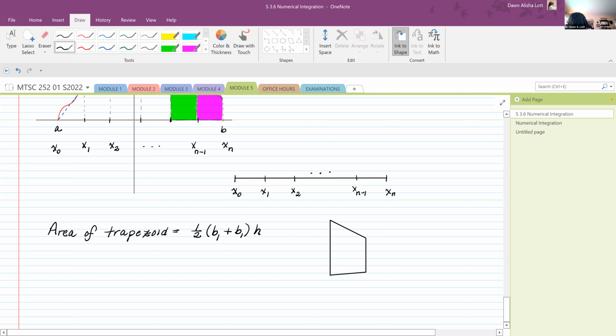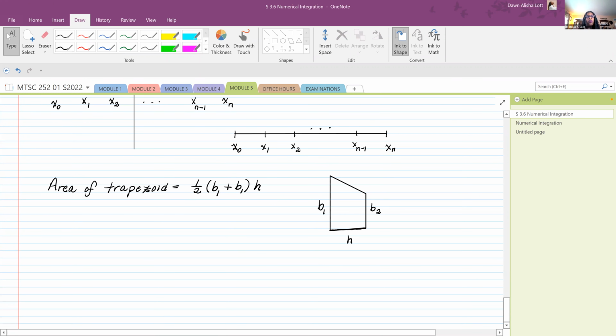So the height is this length right here. So this for us is going to be our height. This is going to be base 1, base 2. So the area of that trapezoid is to take 1/2 the sum of the bases times the height.